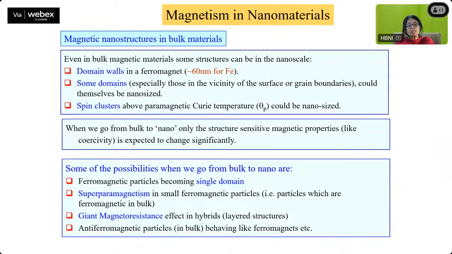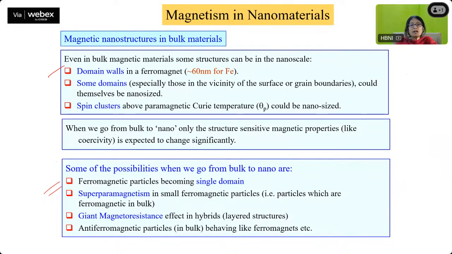So these are the first three possibilities when we go from bulk to nano: domain walls, some domains in the vicinity of surfaces, or spin clusters. These are cases where it's a bulk material inside which you have nanostructure. But in some cases we go directly from the bulk to the nanostructure. What are the different cases here? Ferromagnetic particles can become single domain.